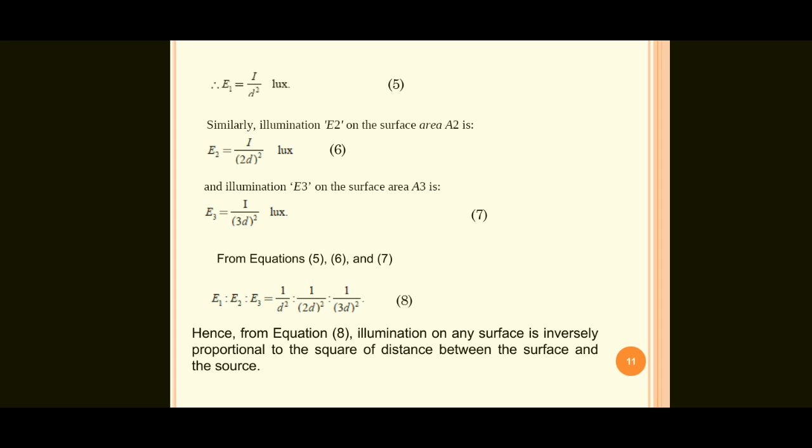So the blue, green, yellow, orange and red colors are present in between violet and infrared, means 4000 to 7500.